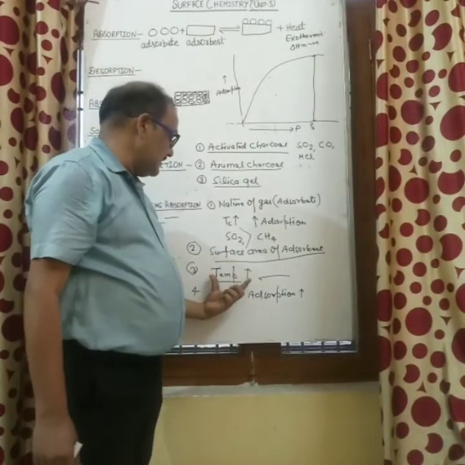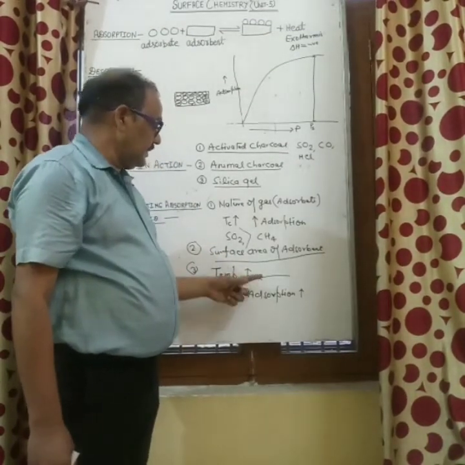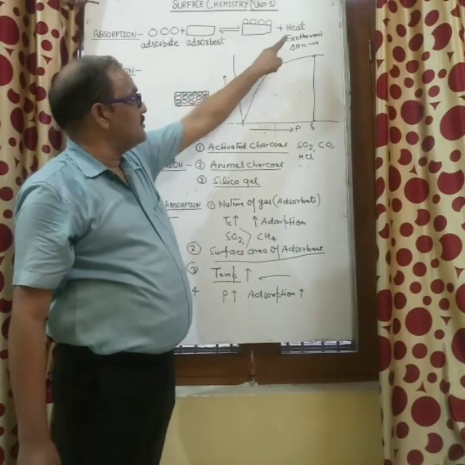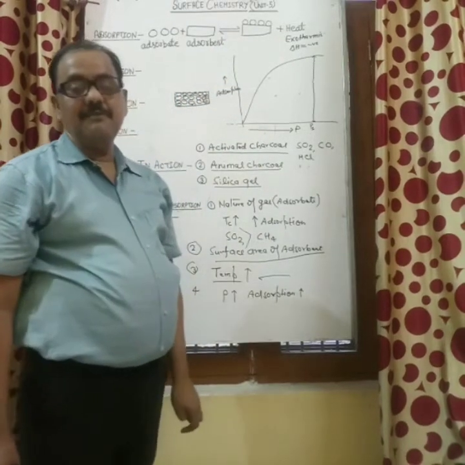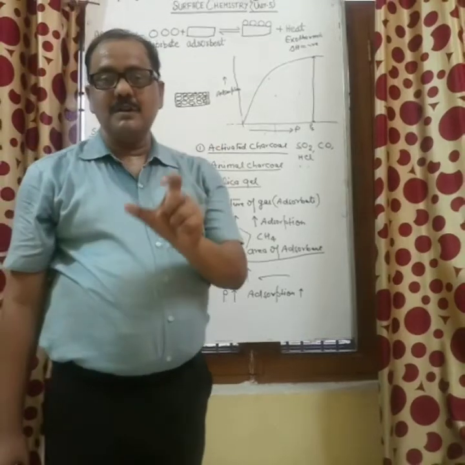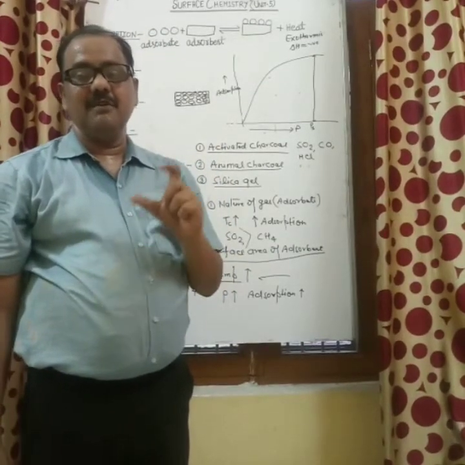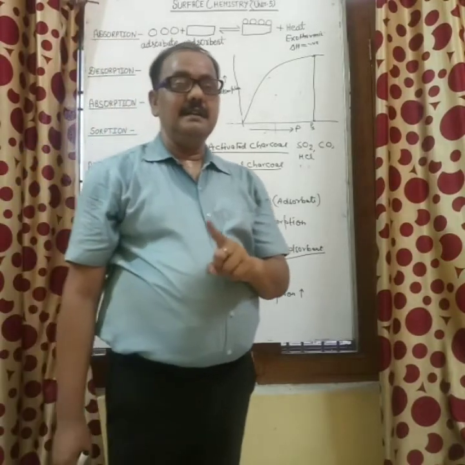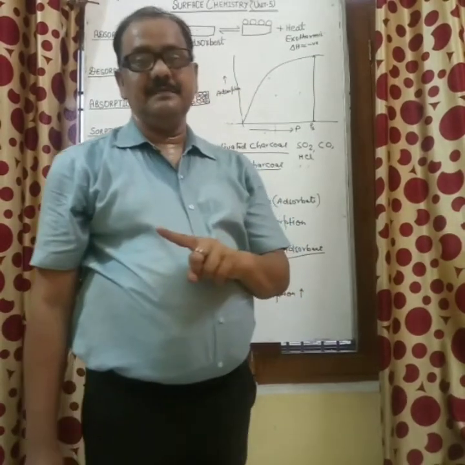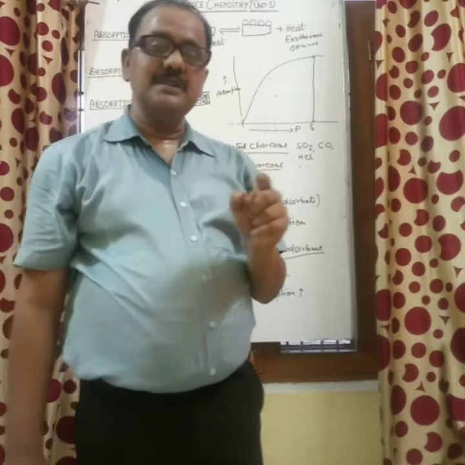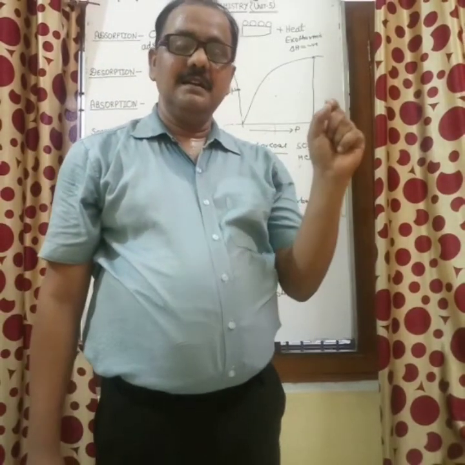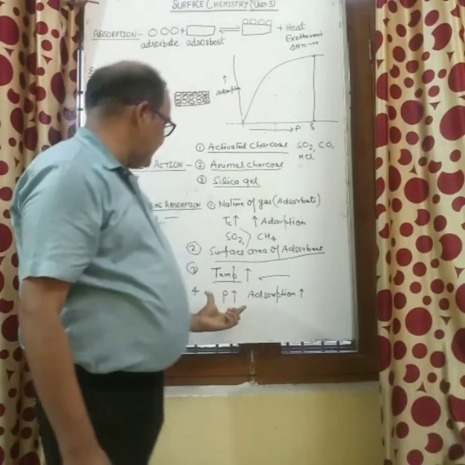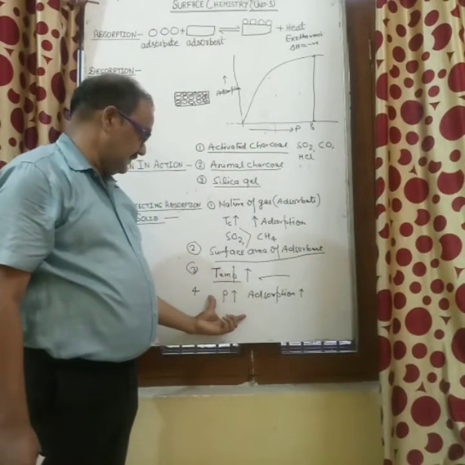And the next factor is temperature. Because the adsorption is reversible and exothermic in nature, therefore a low temperature favors the adsorption, especially in a case of physisorption. But in chemisorption, basically it favors high temperature. And the next factor is pressure.